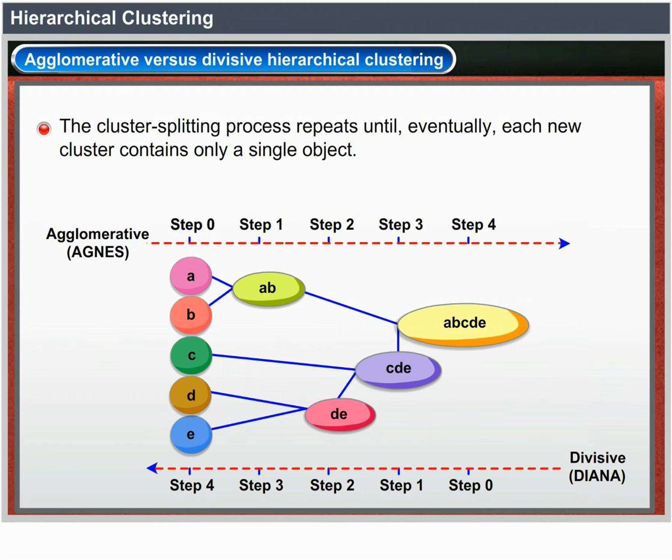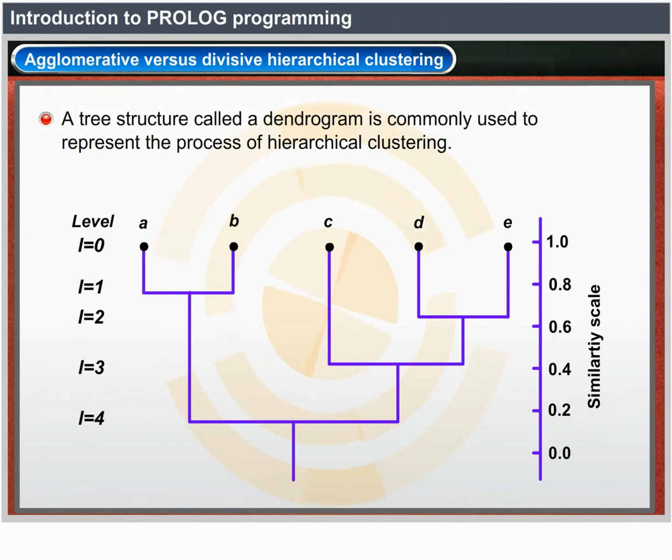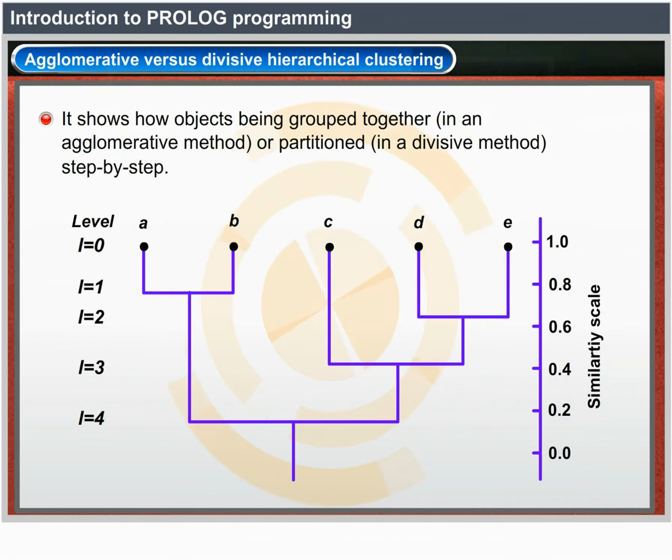A tree structure called a dendrogram is commonly used to represent the process of hierarchical clustering. It shows how objects are grouped together in an agglomerative method or partitioned in a divisive method step by step. A challenge with divisive methods is how to partition a large cluster into several smaller ones.